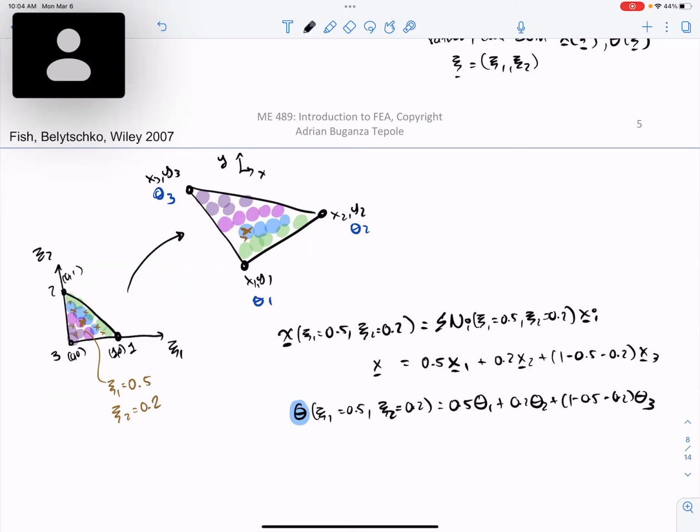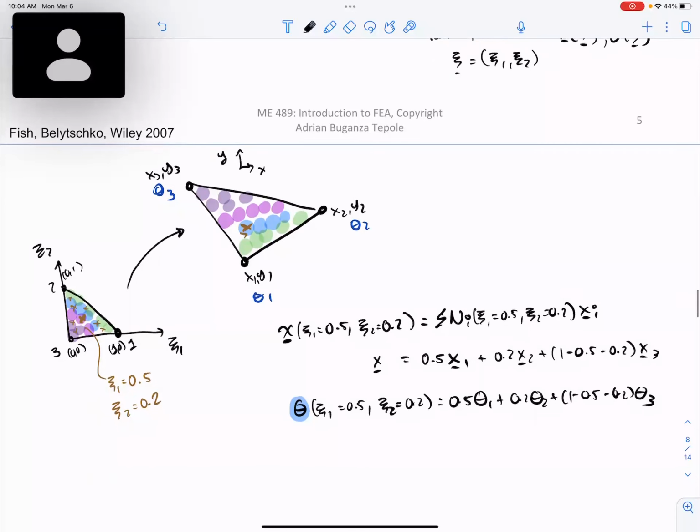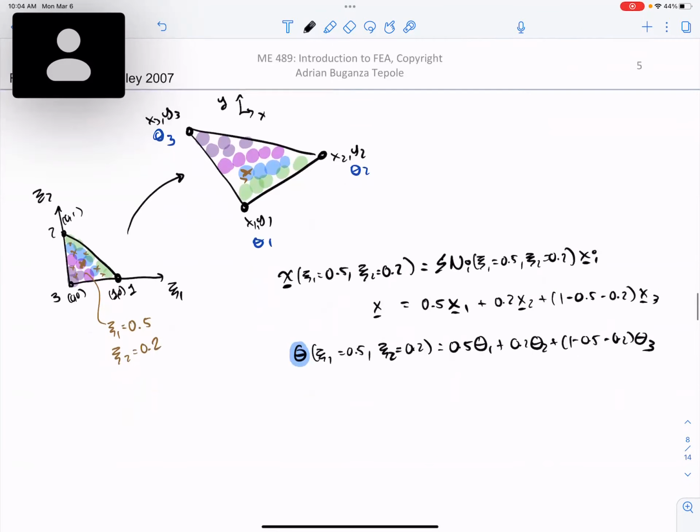Questions about that? Okay, so that one is the easy part, and the tricky part is the derivatives, because in addition to wanting to interpolate x and theta, I also want to interpolate the gradient of theta. So evaluating x and theta is easy. So what about the gradient of theta with respect to x?